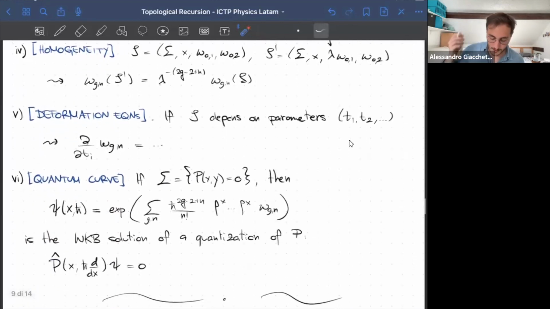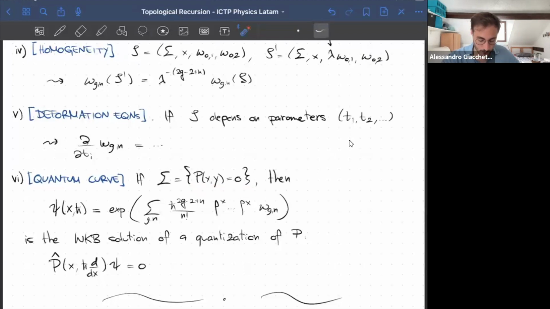And one last property that I wanted to mention is the relation between topological recursion and quantization. Here it's also quite technical, but the idea is essentially the following. Imagine that your spectral curve sigma is given by an equation like this.